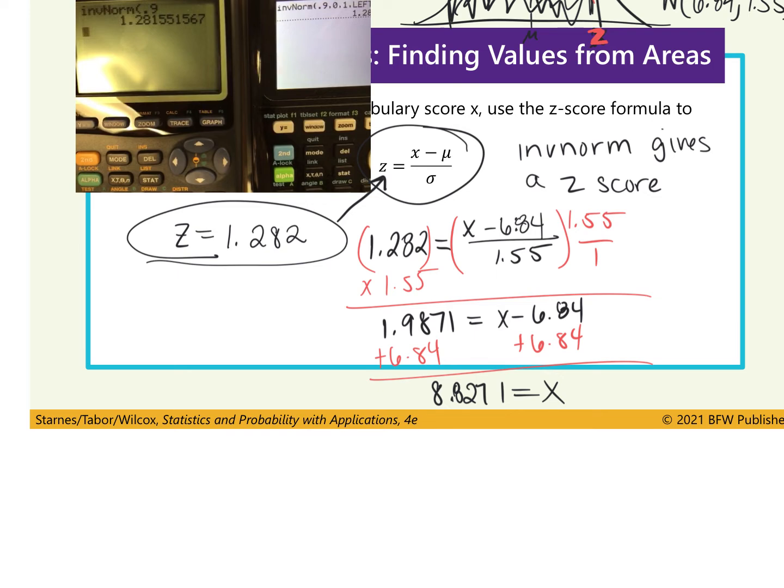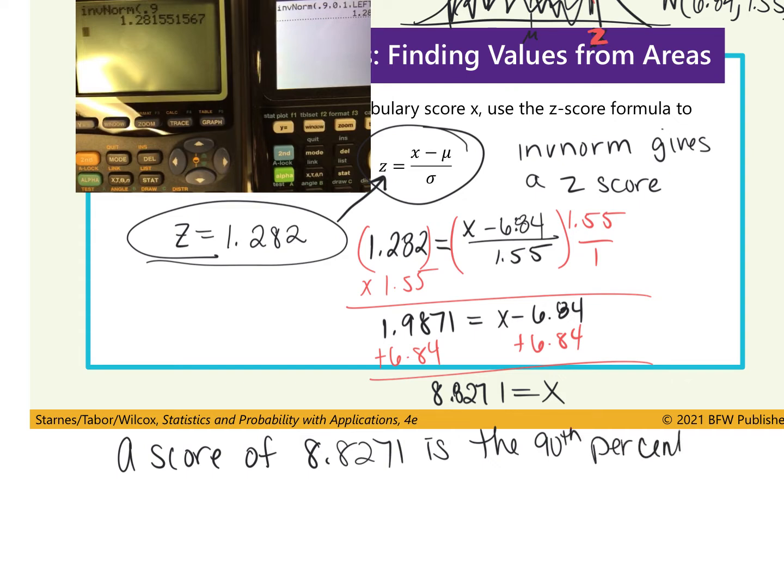So a score of 8.8271 is the 90th percentile on the ITBS test.